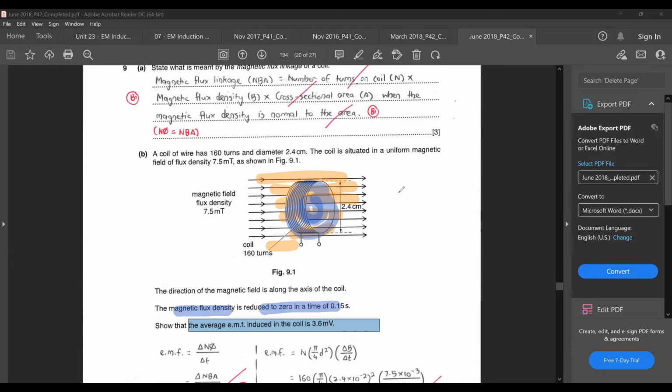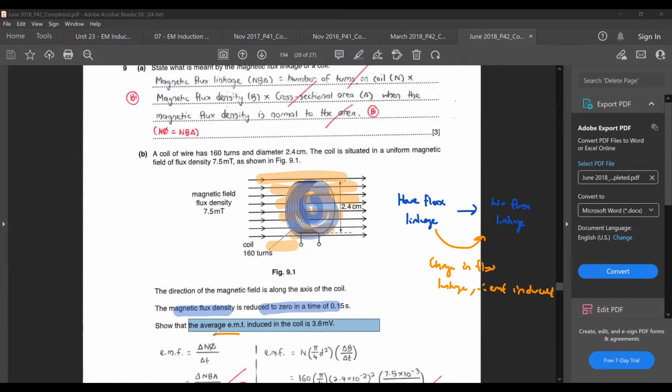So you go from a case where you have flux linkage to no flux linkage. This means you now have a change in flux linkage, so you have EMF, or rather voltage, induced. That's what the question is trying to ask you right now.